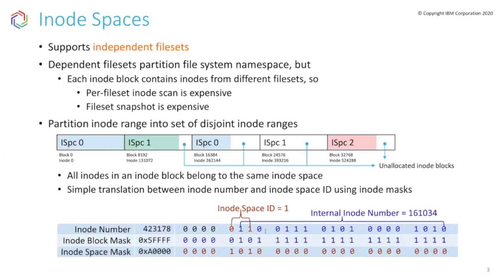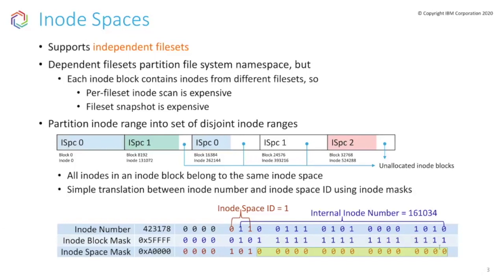So that would mean that we would have a block mask with all of these bits. We start out with the block mask having these bits, meaning that given any inode number, they will all be masked into this inode space. And we'll have all zeros in the inode space mask because we really don't have any inode spaces other than 0.